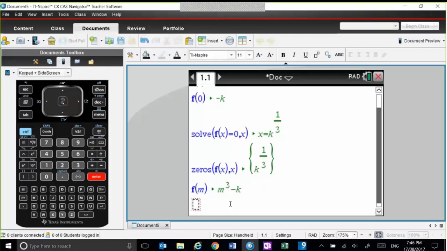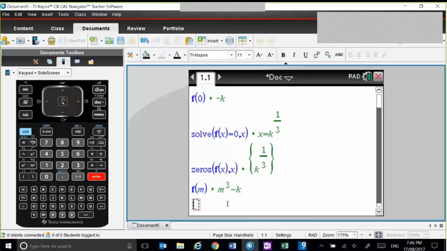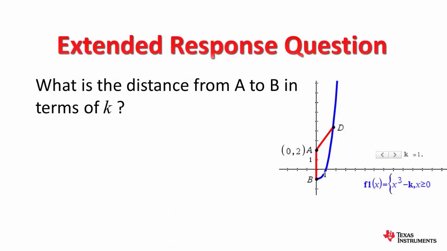Remember, the question does say express the answer as a coordinate, so we must make sure we do answer the question. The next thing it says is, what is the distance from A to B in terms of K?